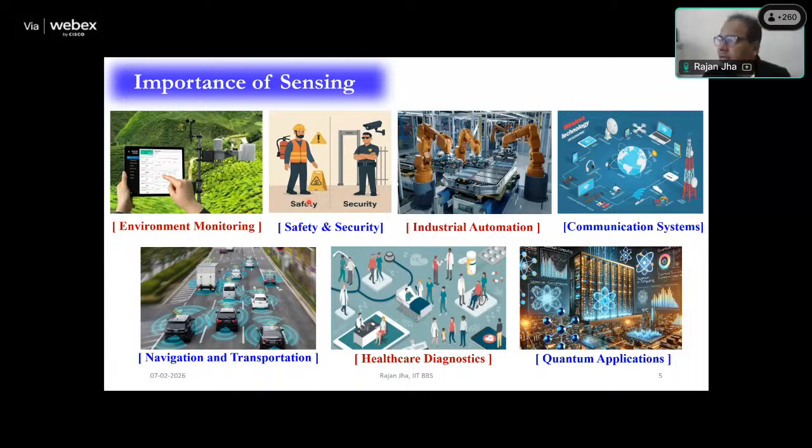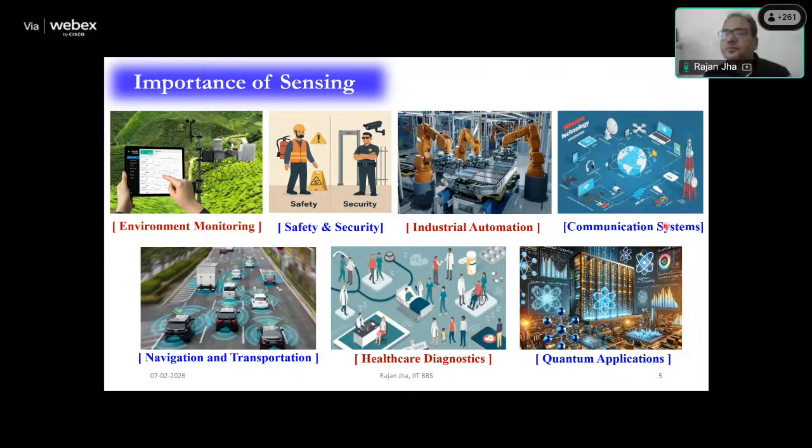With the advent of Industry 4.0, or for that matter going towards 5.0, to automate industrial products you require a lot of sensors: how the robot arms will move, how much load they can take, what stress they are experiencing, whether they are working fine, whether they are damaged, or what is the health of these robots, and so on.